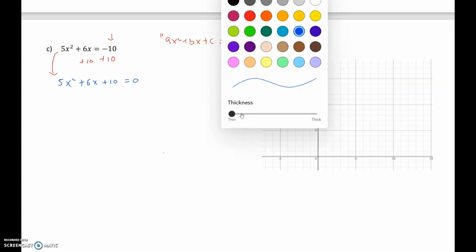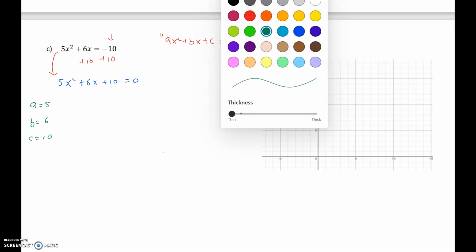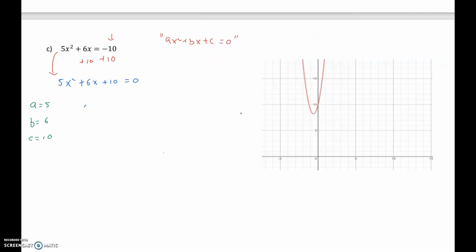And then from here, we have all values to apply the quadratic formula. Our a is equal to 5, b is equal to 6, and c is equal to 10. So we're going to end up with x is equal to -b plus or minus the square root of b squared minus 4ac divided by 2a.